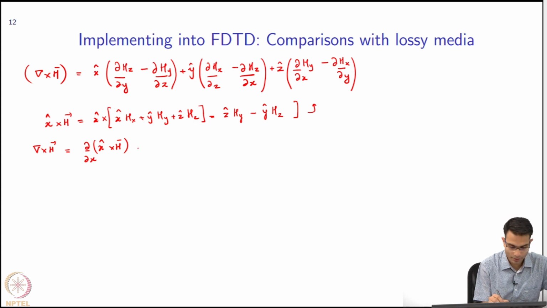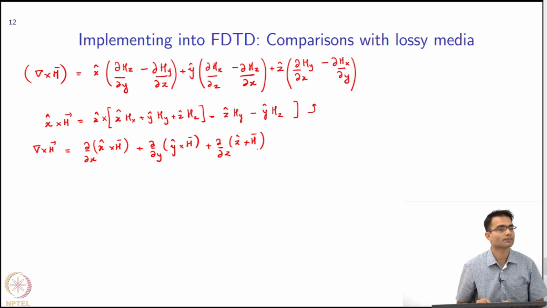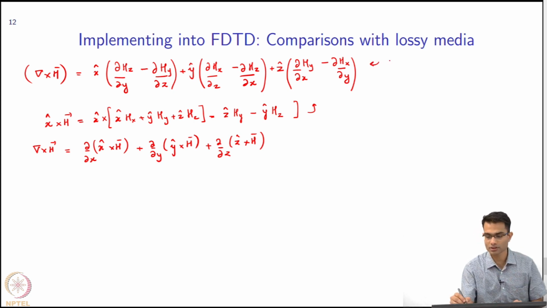Then I will have del by del y, y hat cross H, plus del by del z, z hat cross H. No approximations, this is just rewriting. Over here it was written in terms of the unit vectors x, y, z. Now I have grouped the partial derivatives.